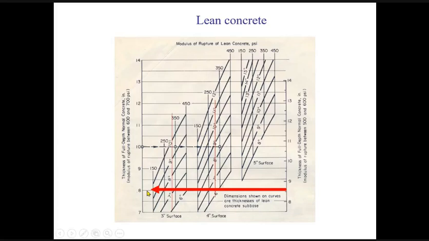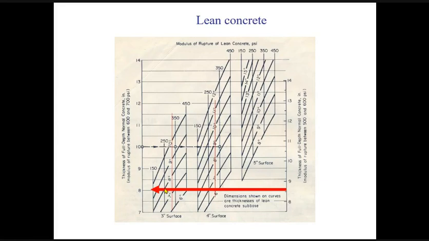If my modulus of rupture is 250, my thickness will be 7 inches of total main concrete, with a 4-inch lean concrete base. Or if I am using a 3-inch lean concrete, and if my value is 250, then I'm going to take 8 inches. Let me explain once again.